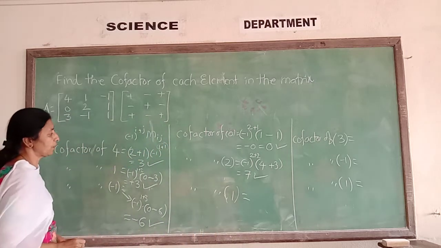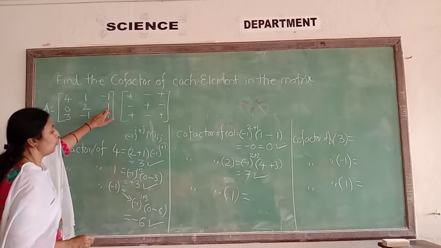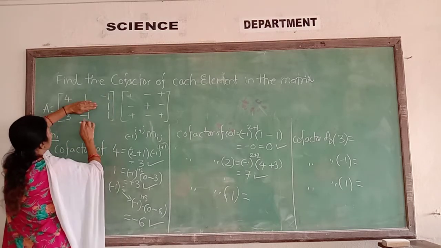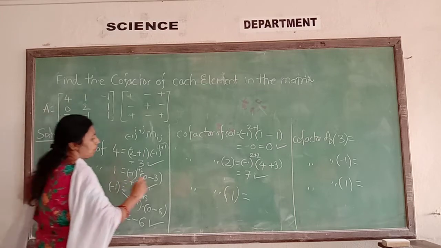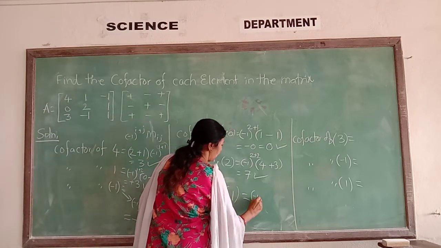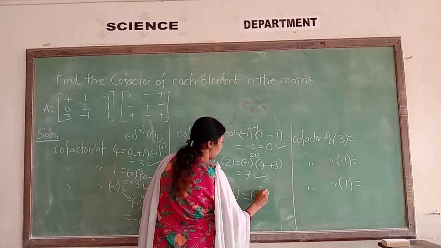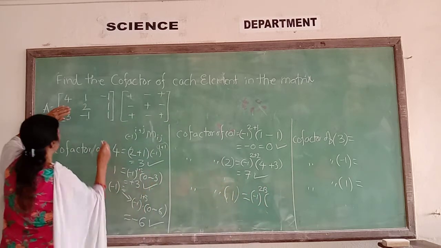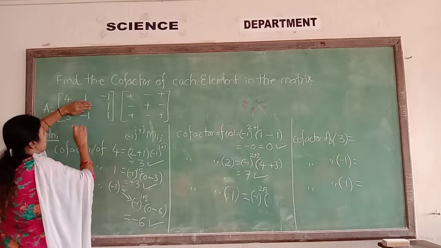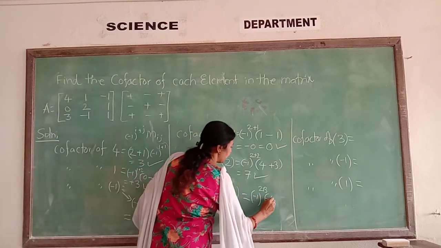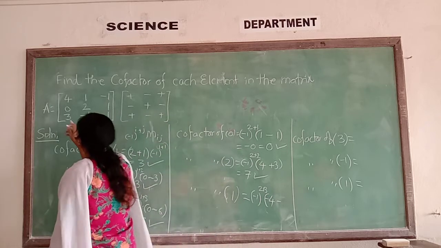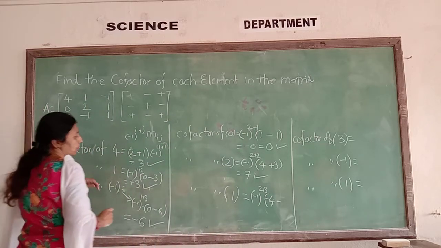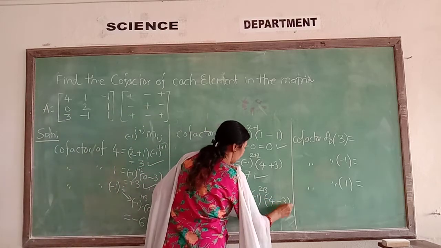Then the cofactor of 1: leaving this row and column, -1 to the power, second row, third column. 4 into -1 is -4, 3 into 1 is 3. So -4 minus 3 is -7.